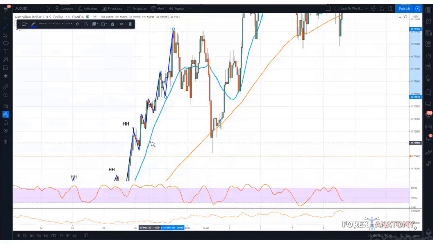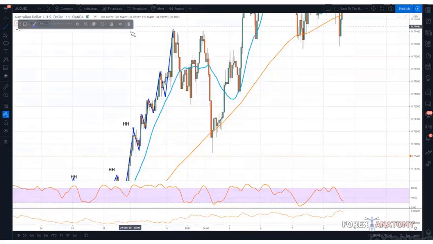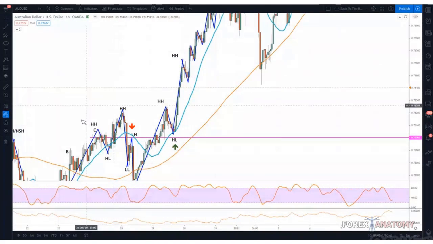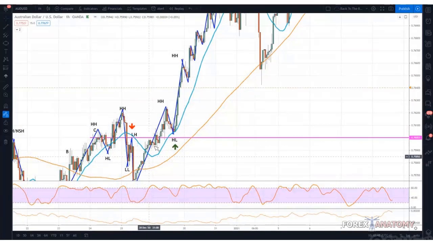So this is pretty much how you read a price chart. You have to understand the concept of higher highs and higher lows, and you have to understand that when those higher highs and higher lows are violated, we have a change in sentiment or change in direction.